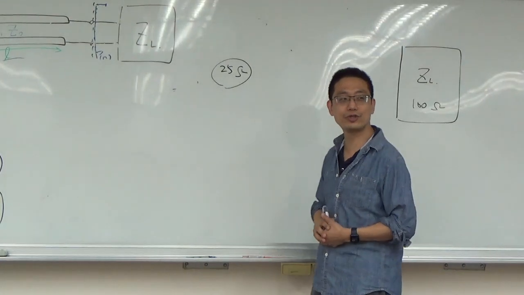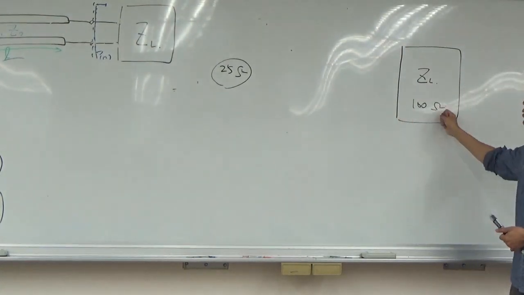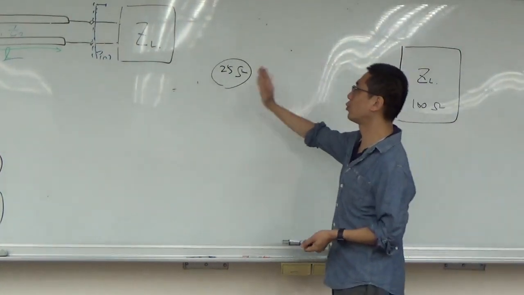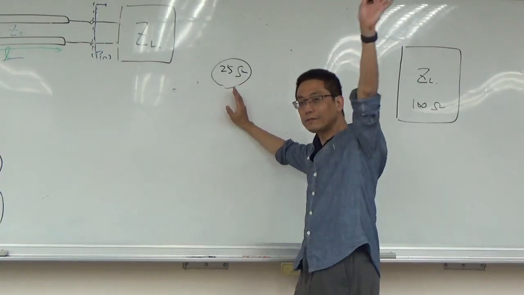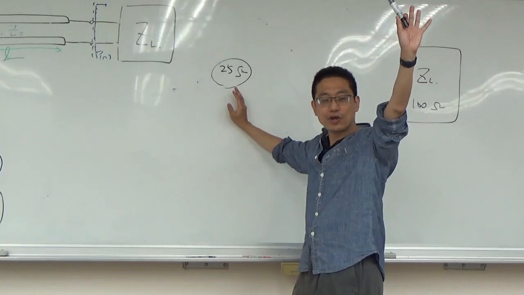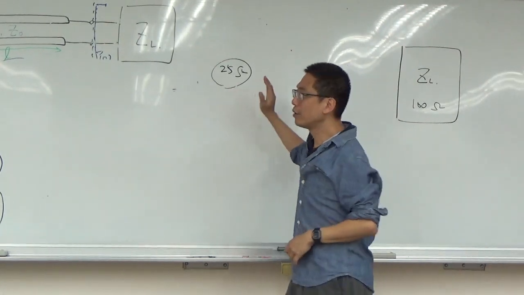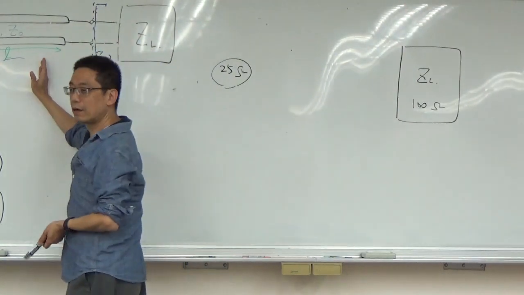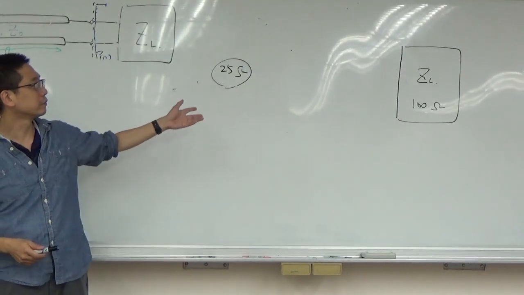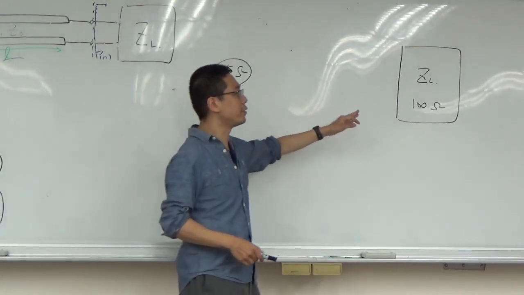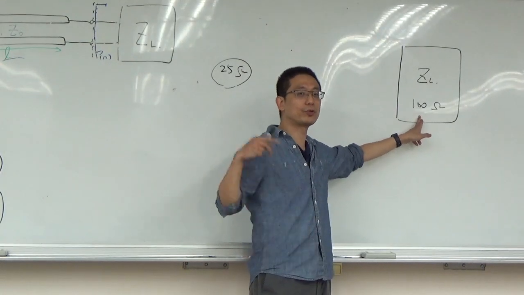How can I change 100 ohm to 25 ohm? Can anyone change the impedance using a high frequency transmission line? I want to change 100 ohm to 25 ohm.